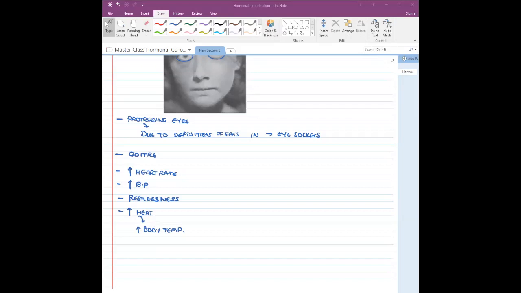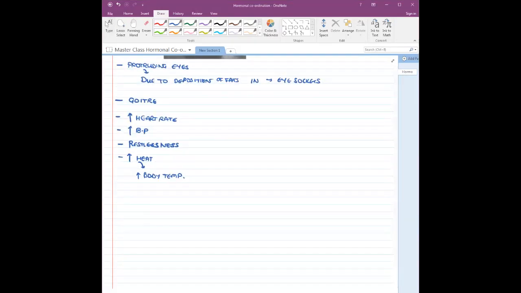Okay, but first, let's try to see your thyrocalcitonin. What is this going to do? How is it really going to work? So we have your thyrocalcitonin or your calcitonin.